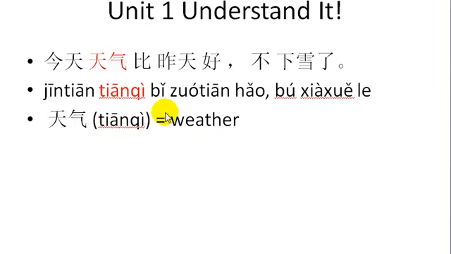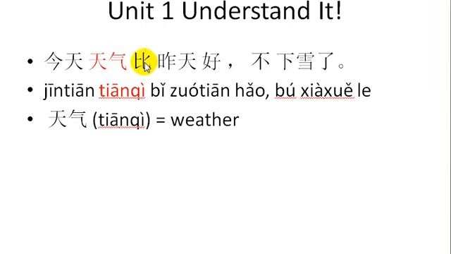First of all, we have this vocabulary, 天气. 天气 means weather, and 天 means like the sky or air, and qi means air. So the air and the sky, and these two characters together, 天气, mean weather.